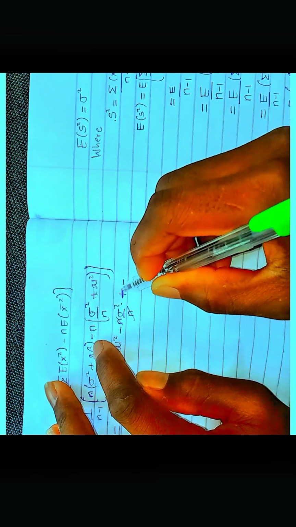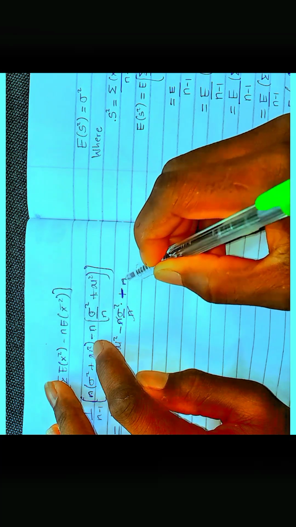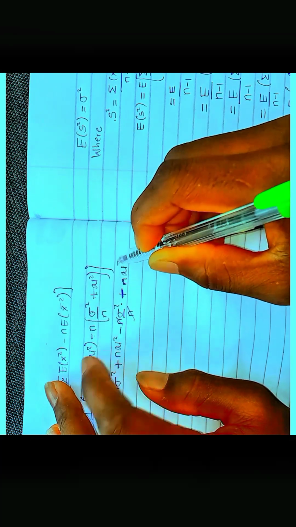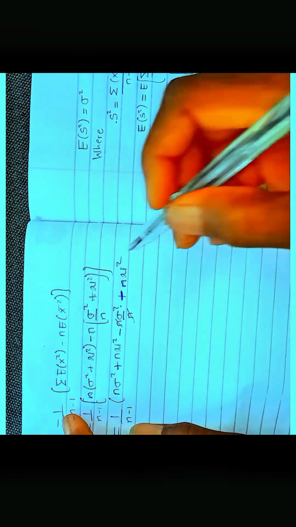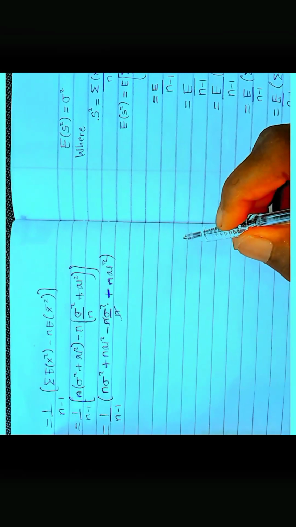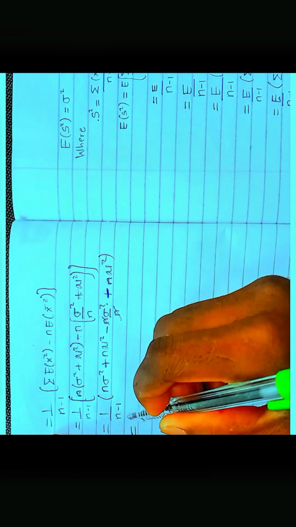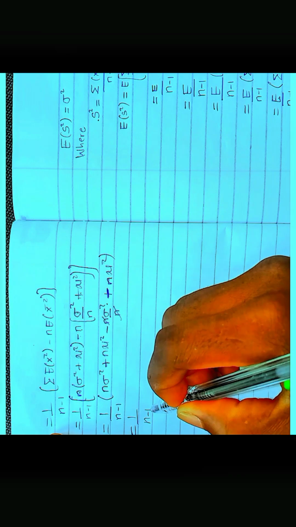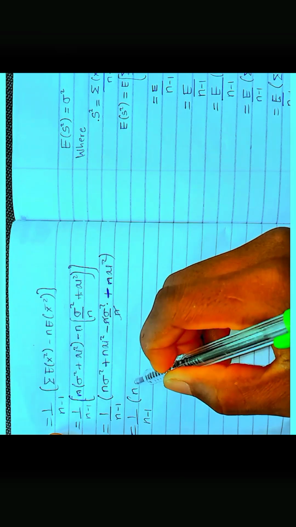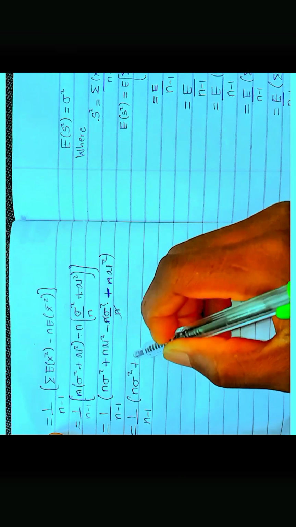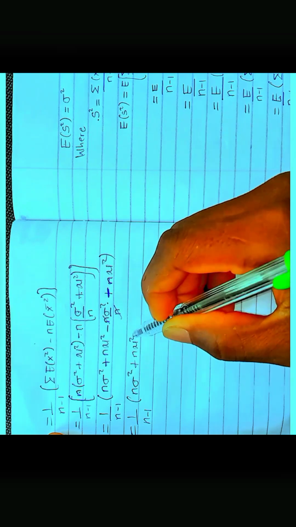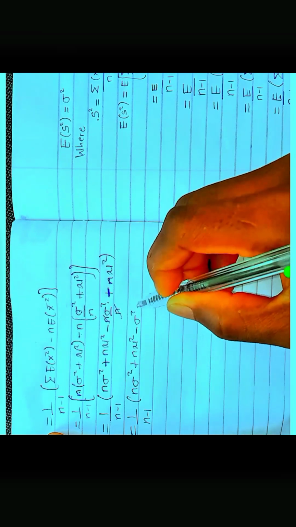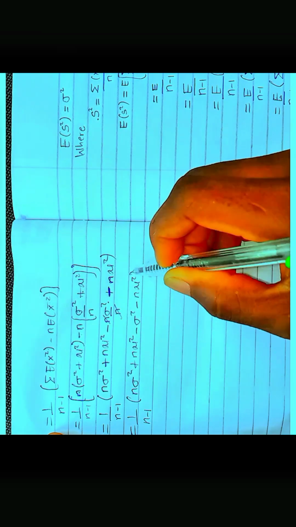So here is going to be minus n mu squared, right? So now this expression remains. So you now have it to now be equal to 1 over n minus 1 bracket n sigma squared plus n mu squared minus sigma squared minus n mu squared, right?